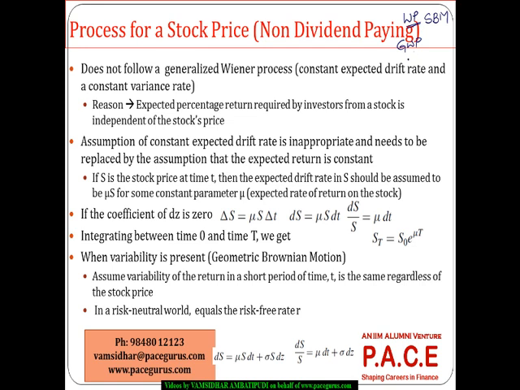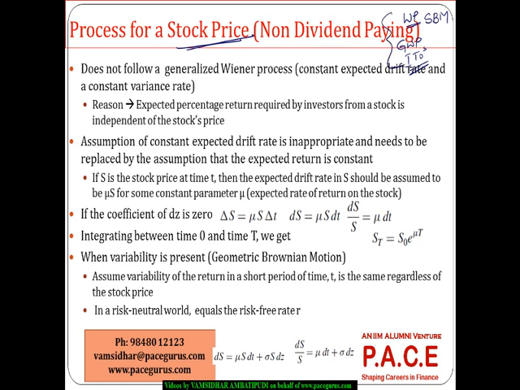And on top of that, we have brought in an Ito process where we talked about a variable drift rate as well as a variable variance rate, which is a function of the underlying variable as well as the time period. Now, the next thing which I want to look at is stock price.